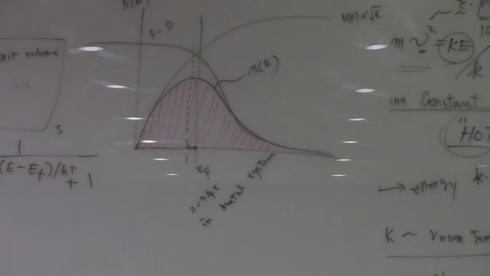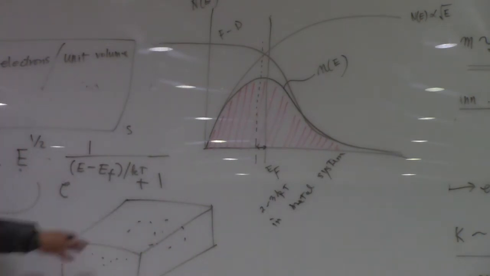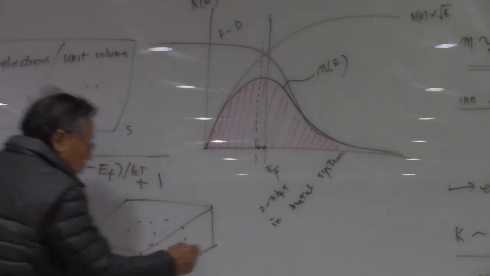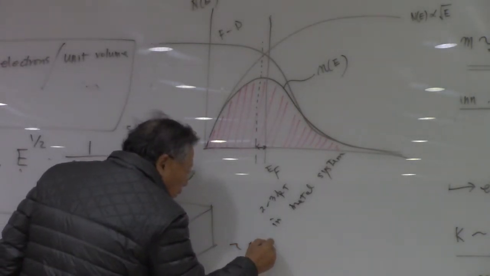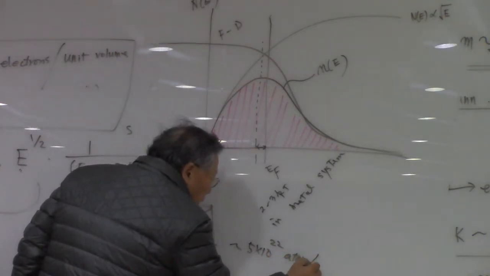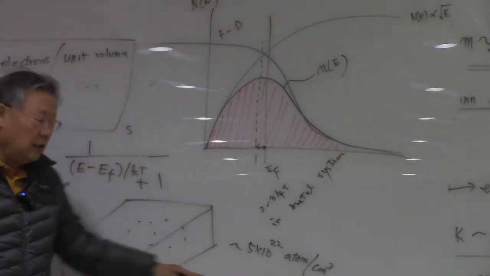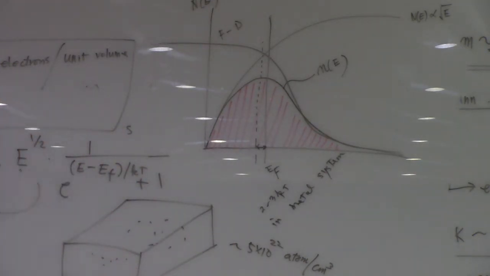You should remember that what we are talking about here is the free electrons in a metal system, with a population of around 5 times 10^22 atoms per cubic centimeter, a typical atom density in a single crystal of typical metals.